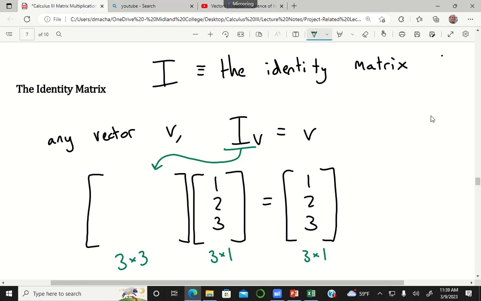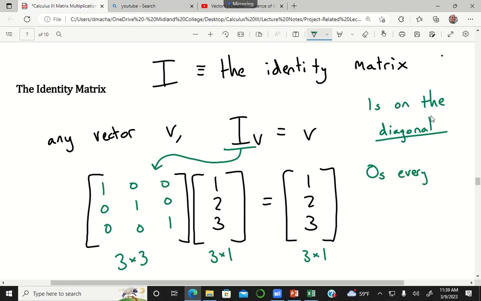But this identity matrix is a 3 by 3 matrix, and the only matrix where this is true is this one. So the identity matrix has 1s on the diagonal, and it has 0s everywhere else.